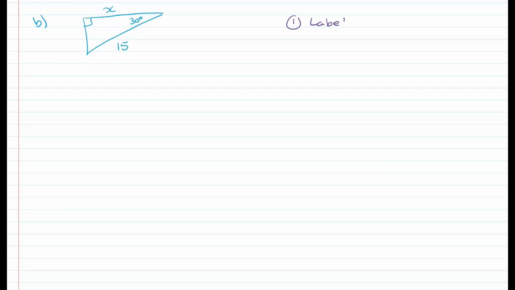Let's try another one. Got my right angled triangle here. And step 1, I'm going to label the triangle with respect to that 30-degree angle. So this is the opposite side, this is the adjacent side, and this is the hypotenuse. Now I'm going to set up the ratio.